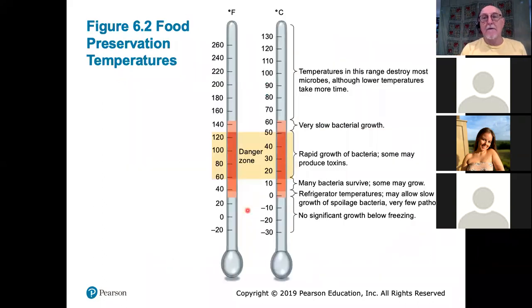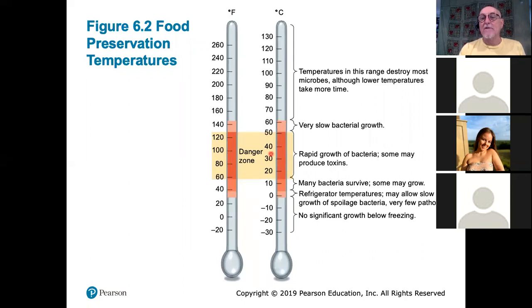That we understand. So first of all, here's the real danger zone for food which has been contaminated with either spoilage organisms, which are going to cause the food to rot and not be edible, or things like salmonella, those kind of food poisoning organisms. They grow extremely well in this region here.